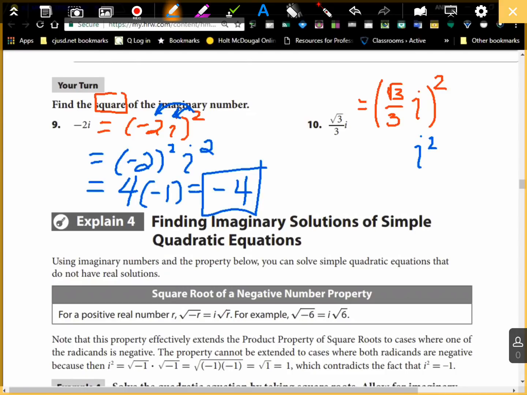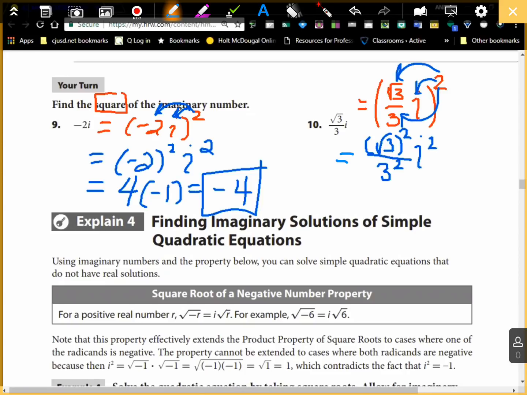What else? So the numerator and denominator of your fraction get it. Okay, so squares, exponents distribute across multiplication and division. All right, so every item in there is getting it.